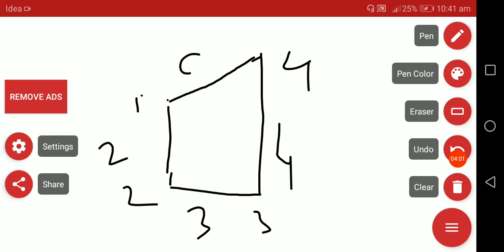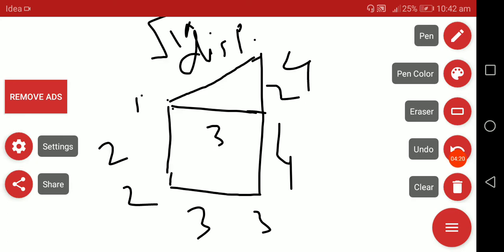This will give us the displacement, and its value comes out to be, suppose this is 3 and this is 2, so it will be 3 squared, that is 9, and 2 squared, that is 4. So it comes out to be the square root of 13. This will be the displacement from position 1 to position 4. So displacement is nothing but the shortest distance between any two points, and distance is the total length covered during the journey.